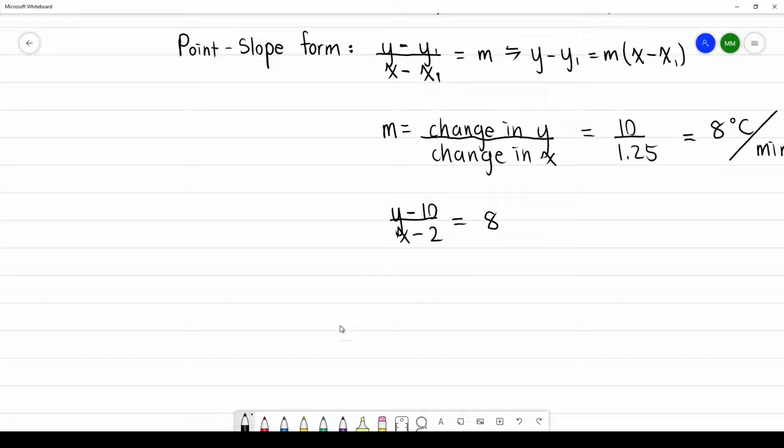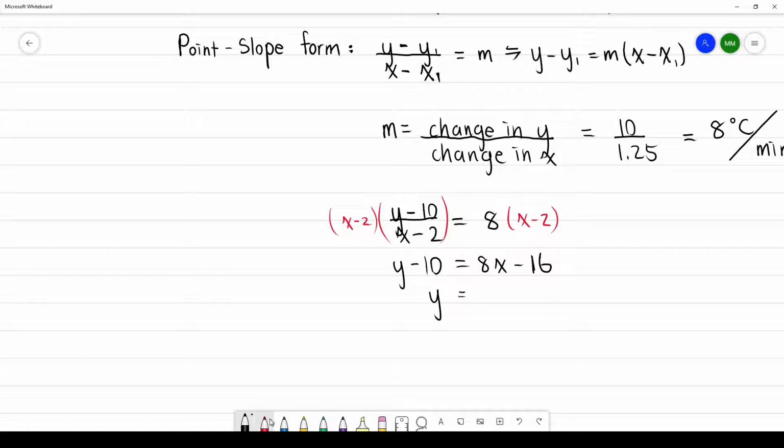If I multiply x minus 2 on both sides, I will get y minus 10 is equal to 8 times x minus 2. Is that right? Oh, no. Minus 16. My bad.